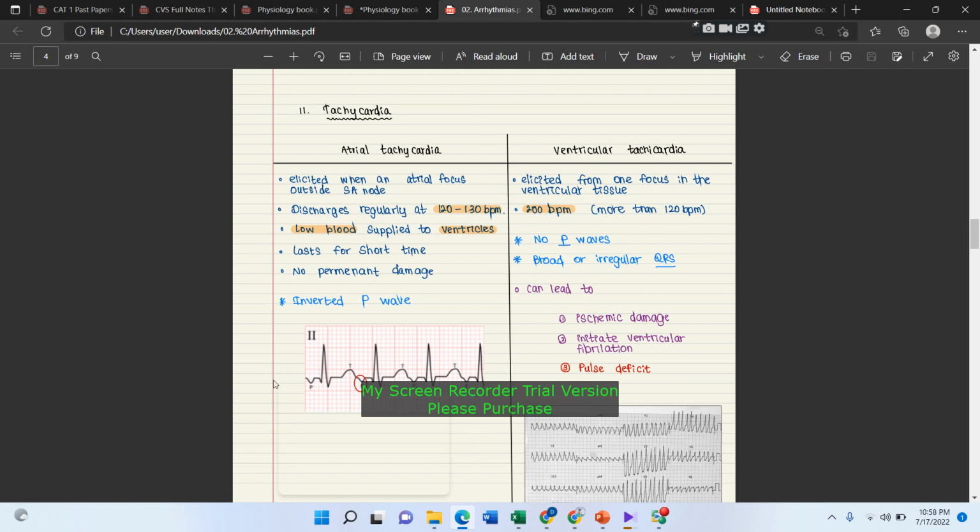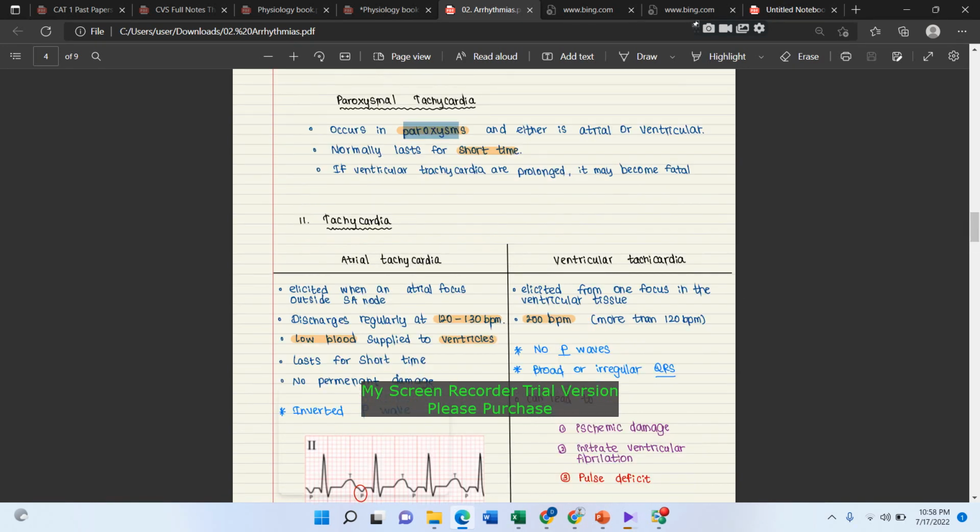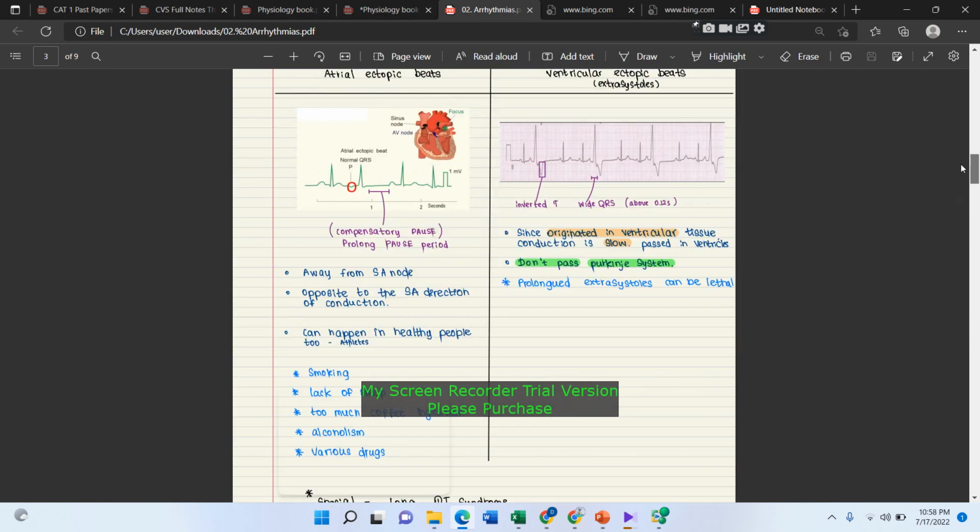This inverted P wave can be seen because the SA node is usually found in the right atrium, but when an atrial focus is created outside the SA node, it transmits signals in a different direction from the normal SA direction. Because of that, we get an inverted P wave in atrial tachycardia, like we did in atrial ectopic beats.